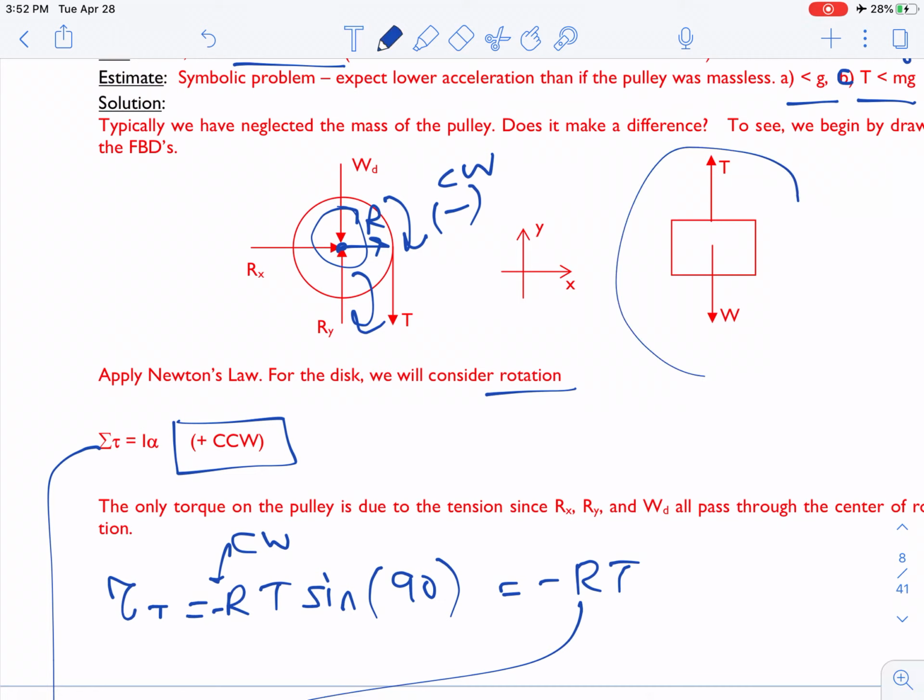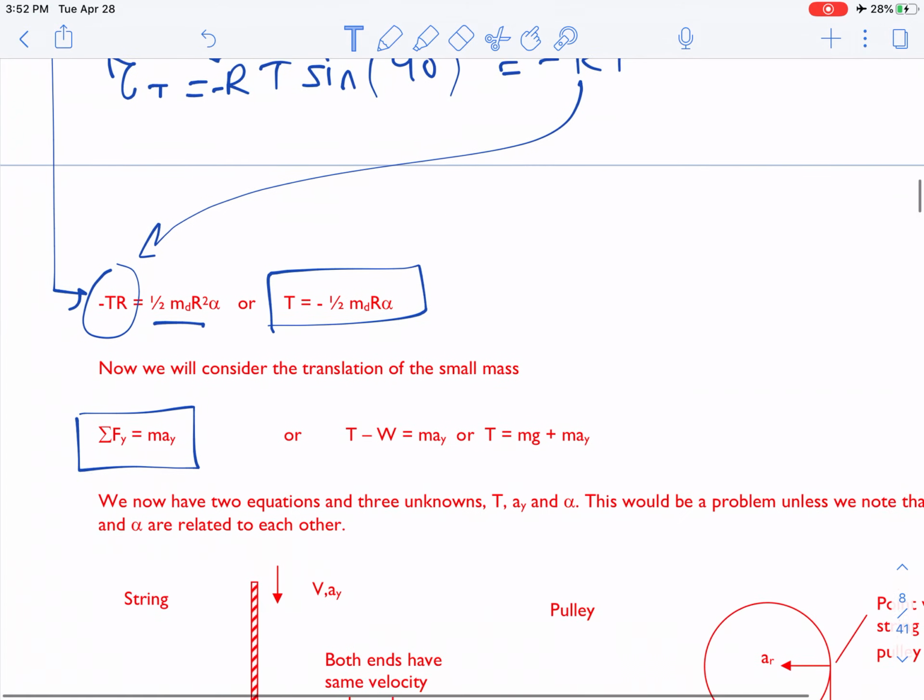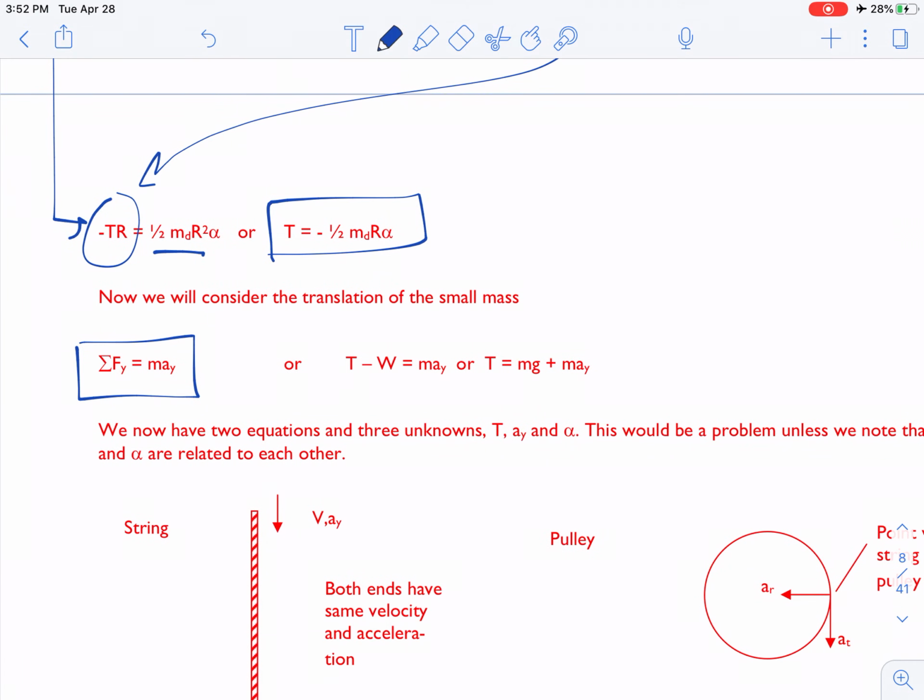I'm focusing on this free body diagram. You can see that tension is positive and weight force is negative, and we carry them in here. T minus W equals m a_y, and you can put this on the other side to get this tension here. Are these tensions the same? The answer is yes, they are the same.